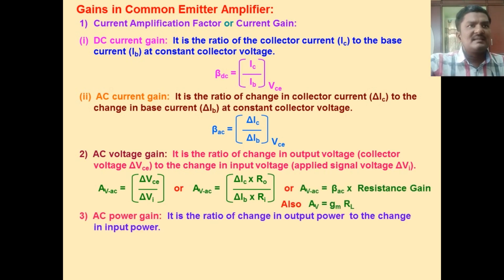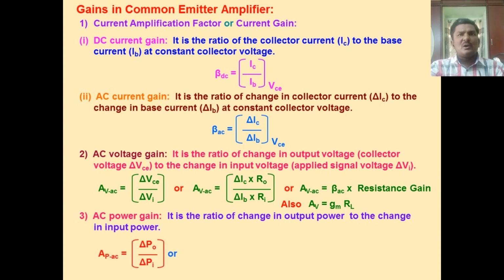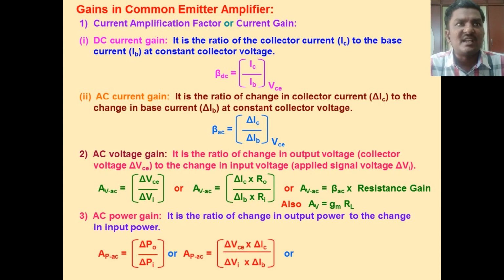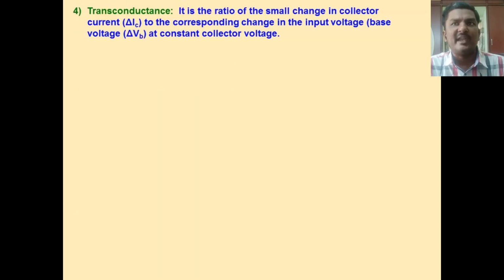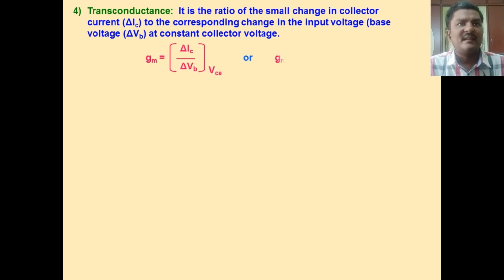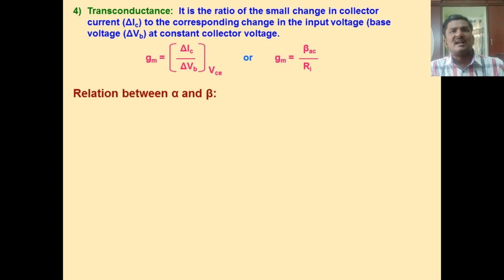The transconductance is the ratio of small change in collector current to the corresponding change in input voltage when collector voltage is constant. It is denoted by Gm.